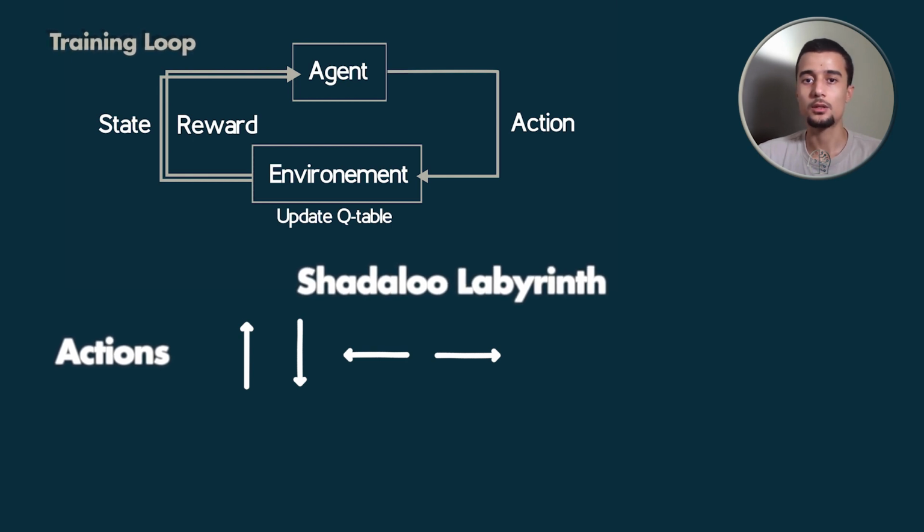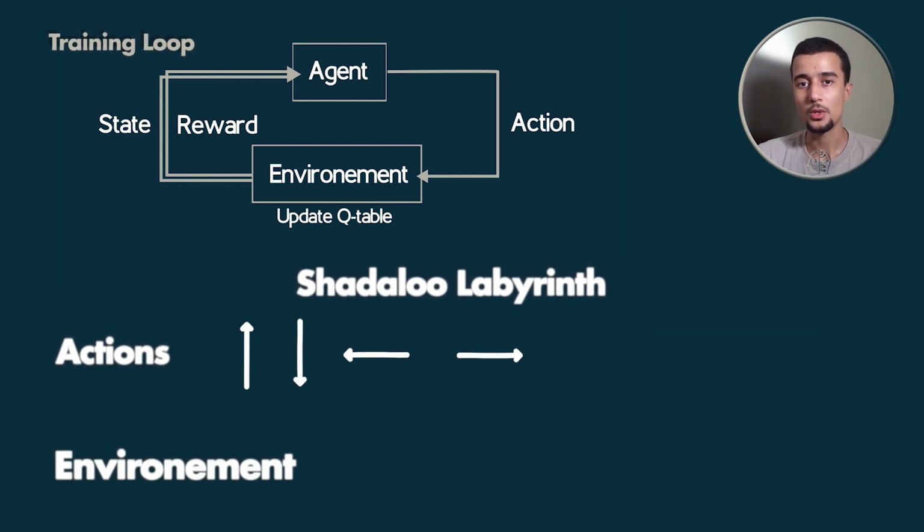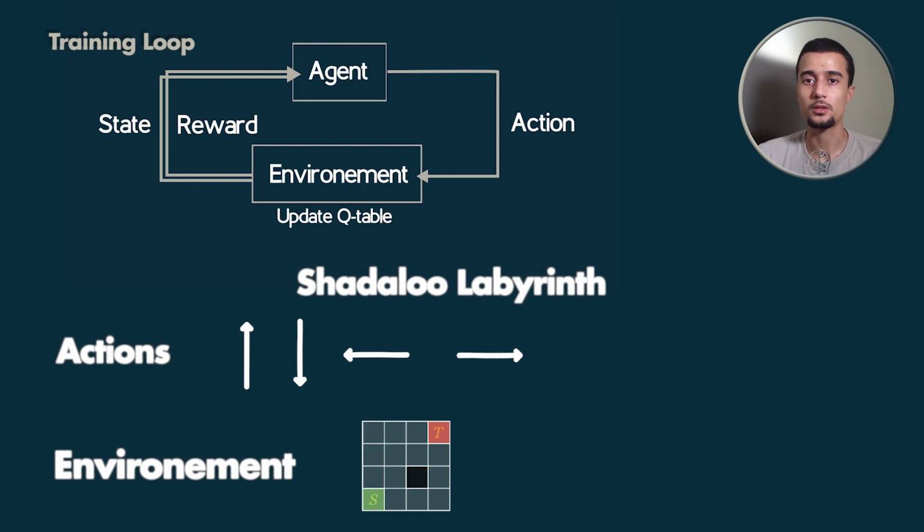Obviously the agent is not allowed to go outside of the grid, and these actions can actually be limited by the position. For example, if the agent is in the starting cell, only the up and right actions are available. And the environment is the grid with the different information that it holds, the position of the obstacles present and the position of the start and target cell as well.